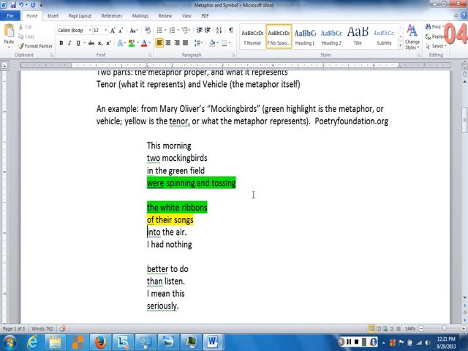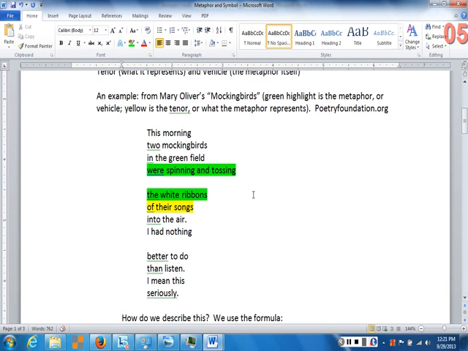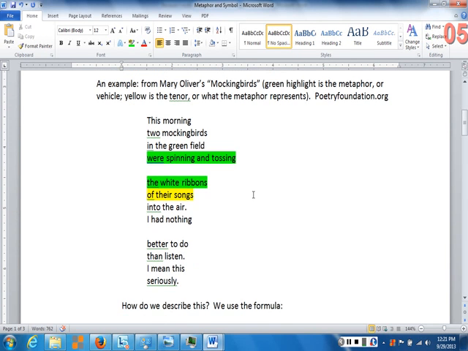The song of the mockingbirds, that's a literal thing. Mockingbirds literally sing songs. They make bird song, right? Okay, but spinning and tossing white ribbons is a metaphor for their singing.